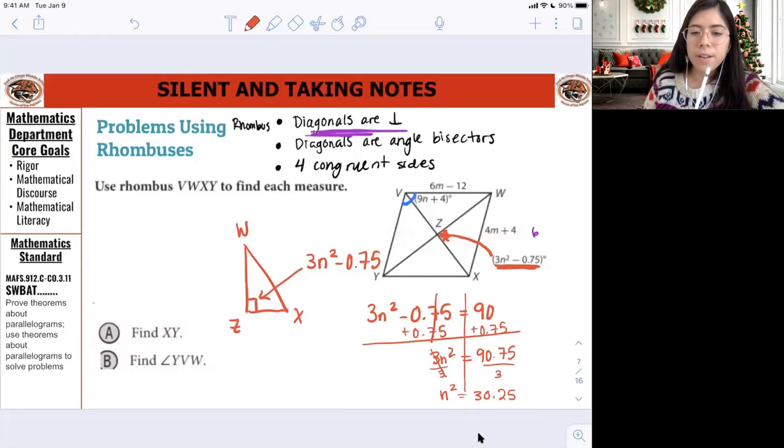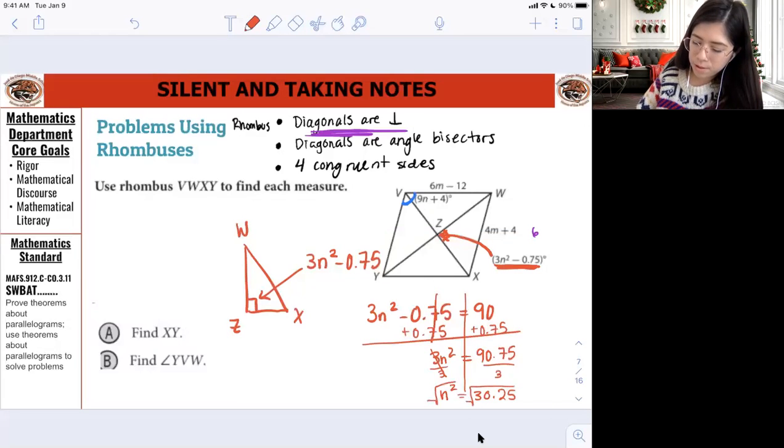If n squared equals 30.25, what do I do next? How'd you get that? Take the square root of 30.25. You get n equals 5.5.